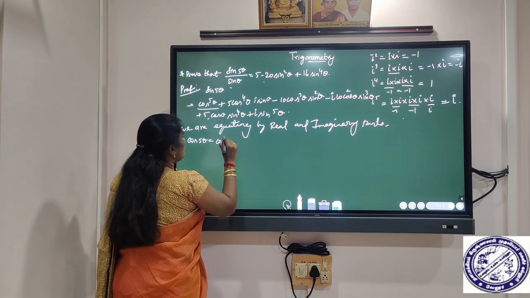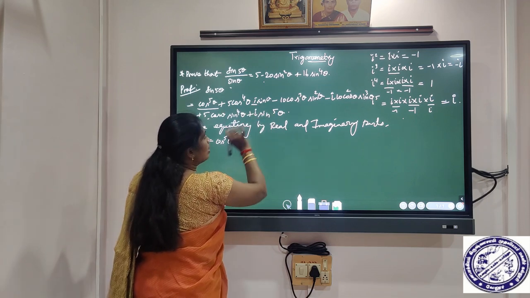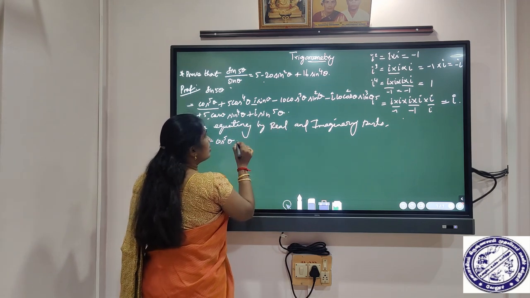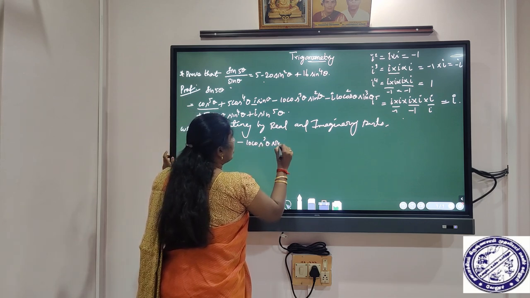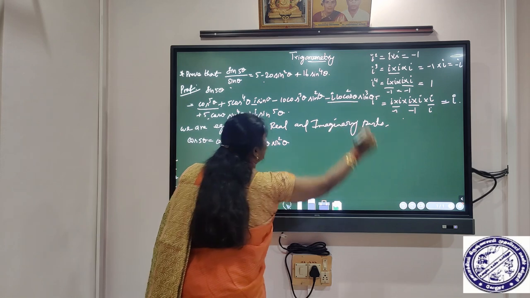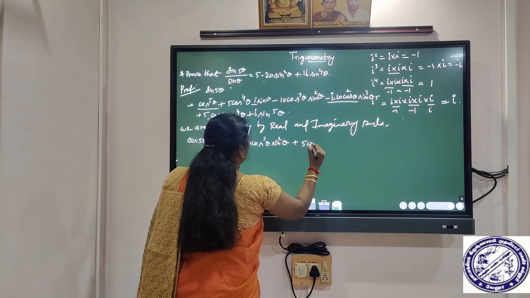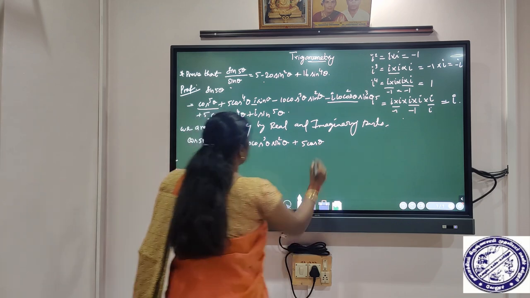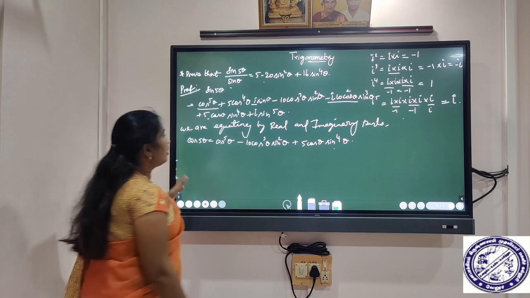So first one, cos power 5 theta. Next one, here i is there, so this is called imaginary, so leave that. The third term is real: cos cube theta sin square theta, and this is imaginary, so leave that. Next term, plus 5 cos theta sin power 4 theta. Okay, the real part is over.